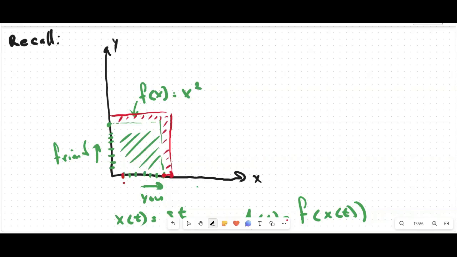If you were down here and you moved the same amount, the area would still get bigger, but it would get bigger by less. That red amount that the area is increasing by, that's the f prime, which is 2x.